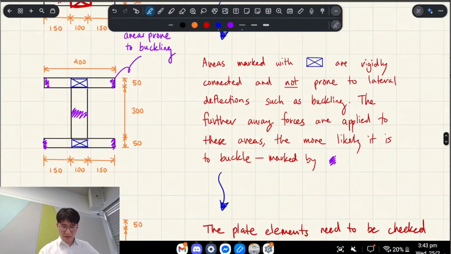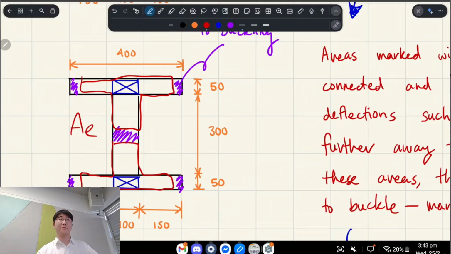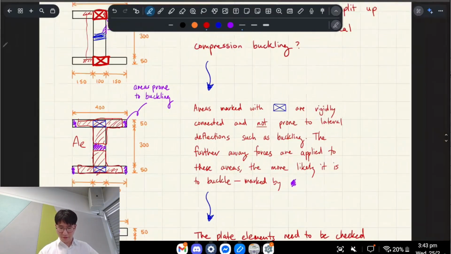We're trying to calculate the area that's not buckled. Everything I've highlighted in red hasn't buckled, and that's AE, the effective area, the non-buckled area. That's what we're aiming for in the end.